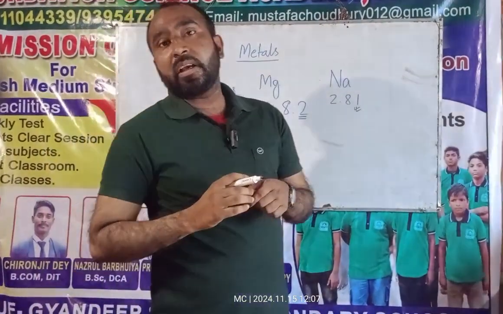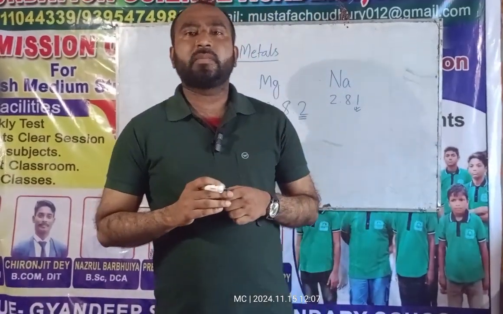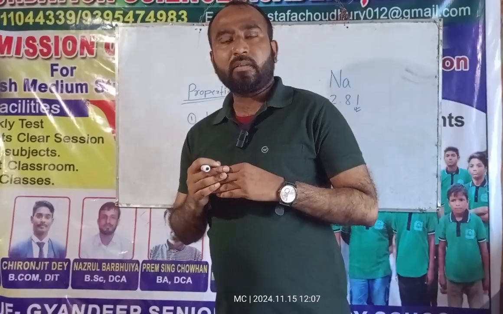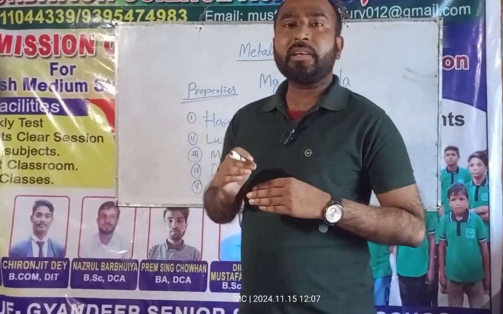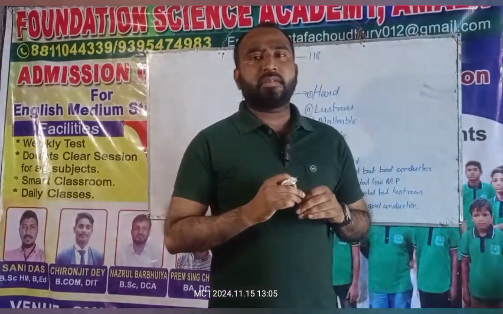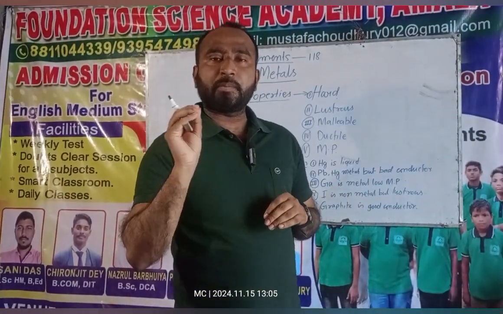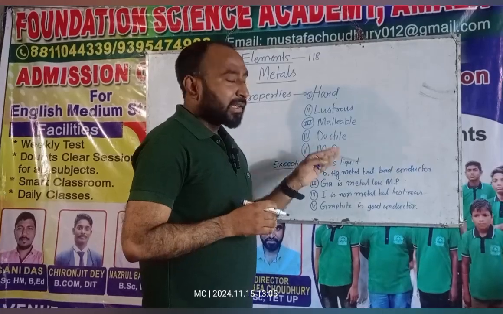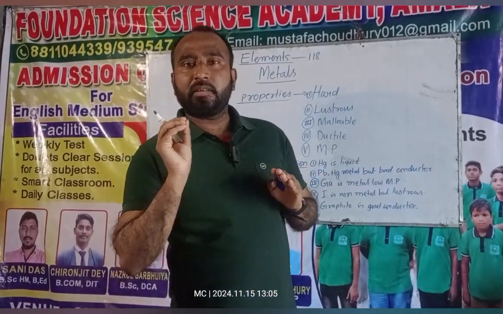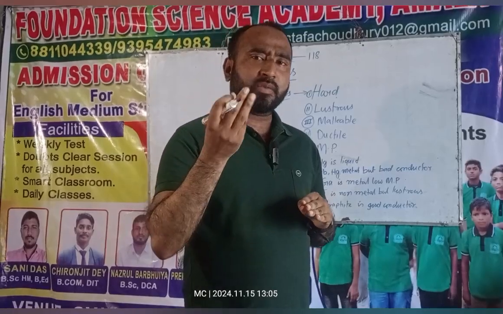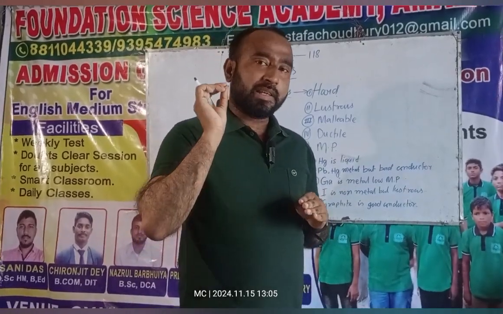But there are some exceptions. Except mercury, all metals are solid or hard. There are a few important exceptions from the physical properties of metals. Mercury is a metal but liquid at room temperature.